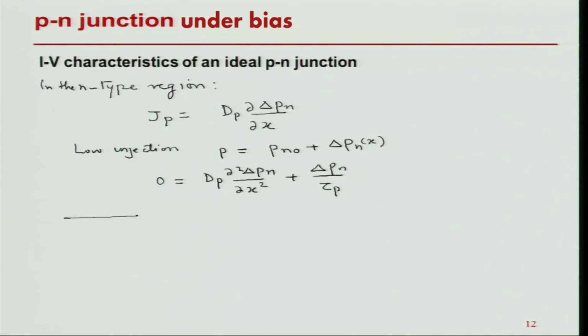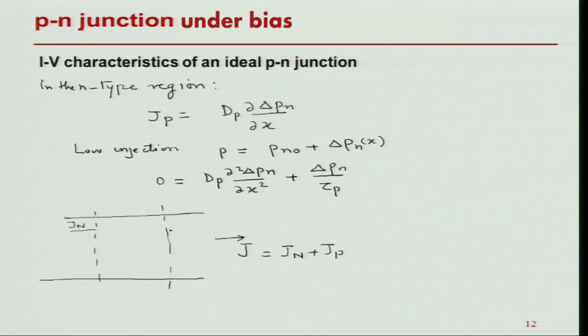So, that is quite simple, because in the device, the total current has to be constant, and this is equal to the total electron and total hole current at any point. So, what we have just shown you is this expression for the hole current is obtained in the N side, and similarly the expression for electron current is obtained on the P side.